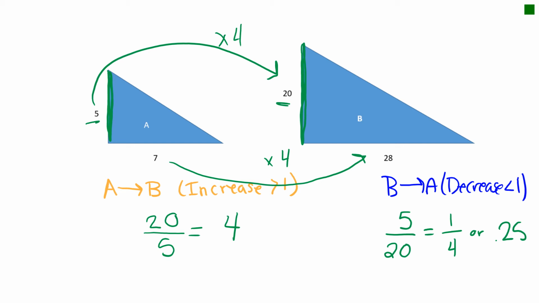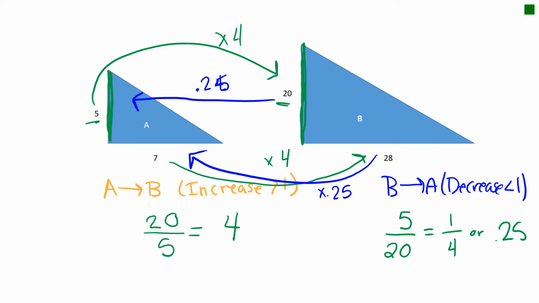And you can check on your calculator if you took 20 and multiplied it by 0.25, would you get 5? And you do. And if you take 28 and multiply it by 0.25, do you get 7? You should. So your scale factor, if it increases, is 4. If you're decreasing, it's 1/4 or 0.25.